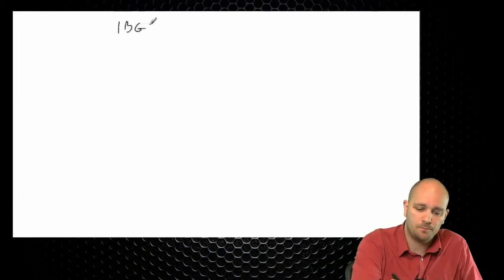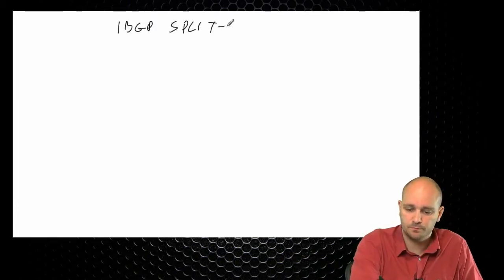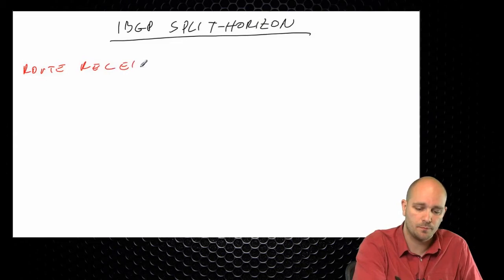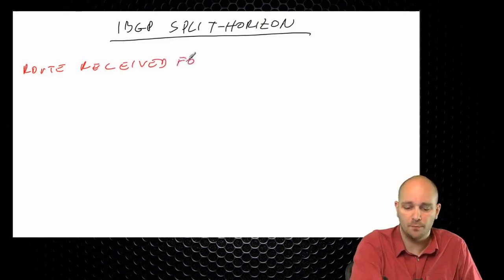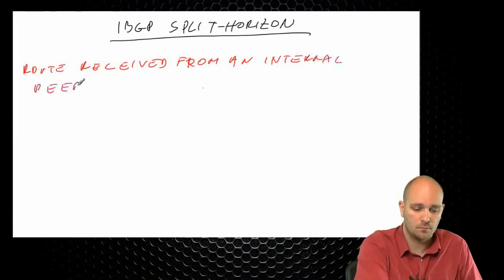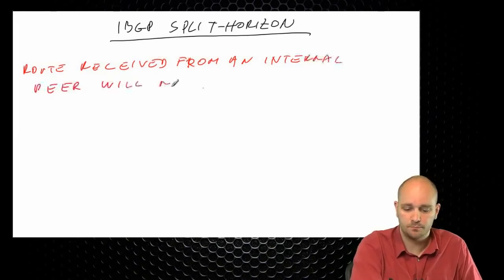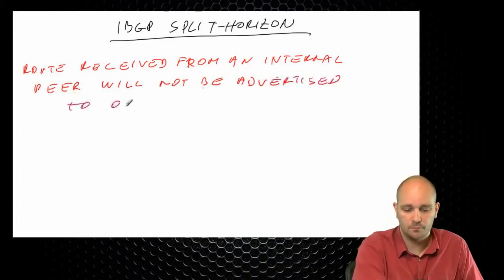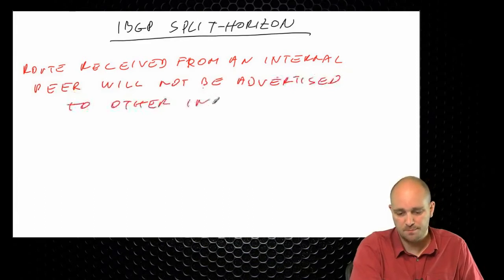So IBGP split horizon is the rule that says a route received from an internal peer will not be advertised to other internal peers.